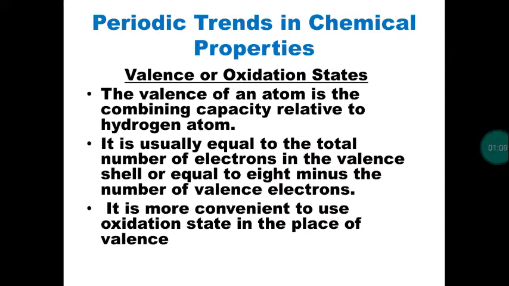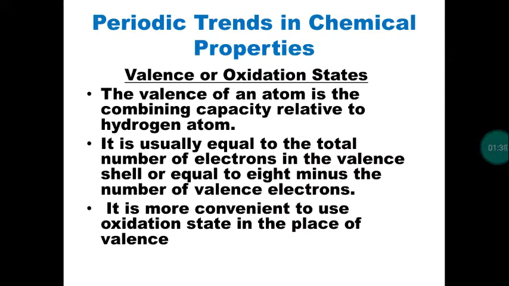This is calculated in two ways. One is based on the standard hydrogen atom. An element or an atom is combining with how many hydrogen atoms. So this is the way of calculating valency. Now consider the water molecule. What is the formula for water? H2O. Two hydrogen atoms bonded with a single oxygen.